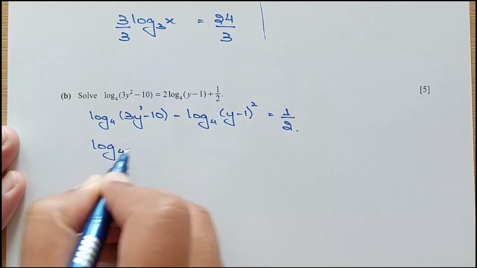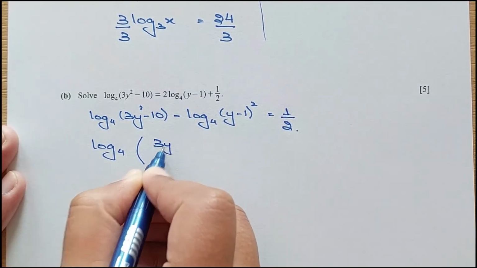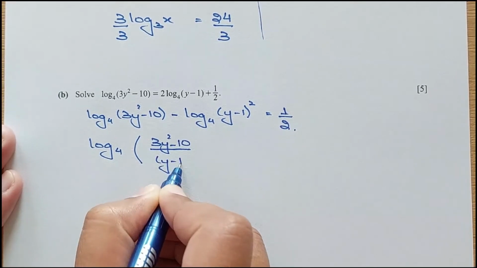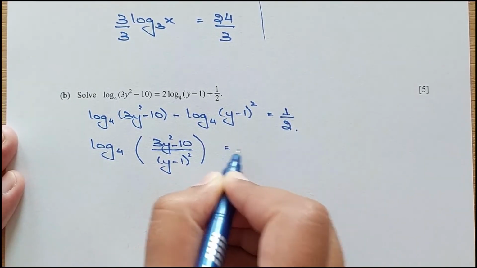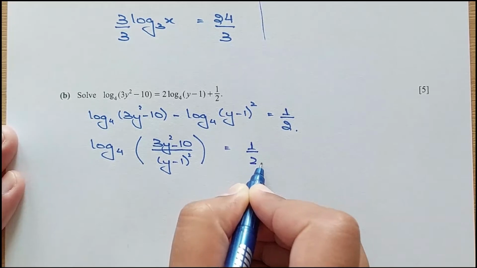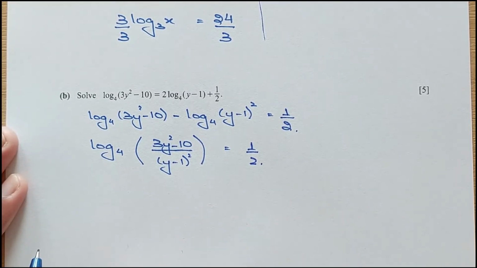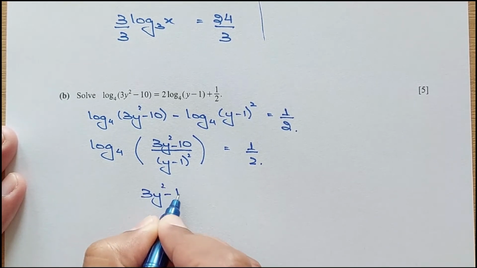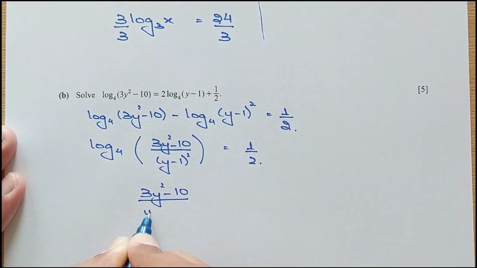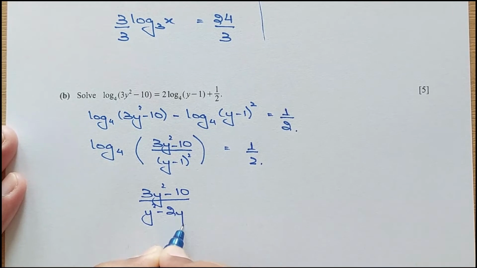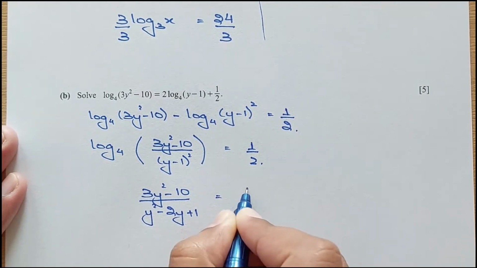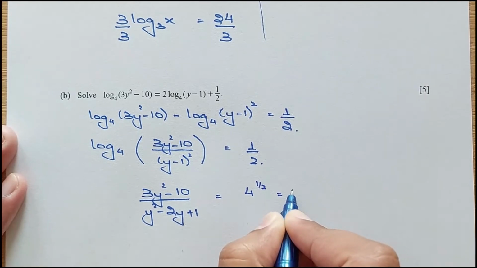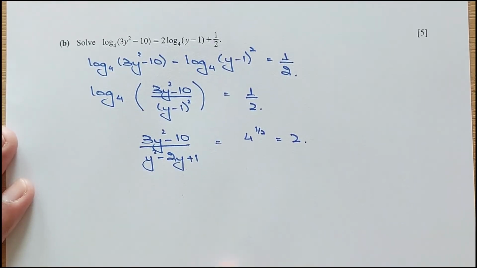Log base 4 of 3y square minus 10 divided by y minus 1 whole square equals to 1 by 2, right? Okay, now converting logarithmic form to exponential form. So 3y square minus 10 divided by y square minus 2y plus 1 equals to 4 power 1 by 2. So 4 power 1 by 2 is the square root of 4, that is equals to 2, right?